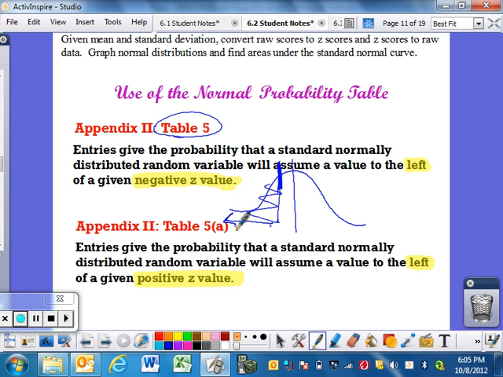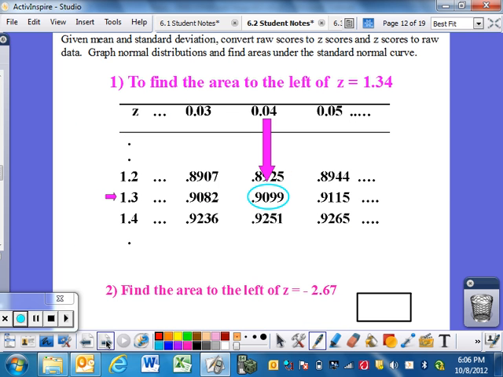If you have a positive z-value, that means you're going to be somewhere to the right of the mean. Maybe your z-value's here. It's going to be all of this data to the left is what that number is going to insinuate. All the numbers above the mean will have more than 50% or 0.5. All the numbers to the left of the mean or negative should be smaller than 0.5 because this is symmetrical. Your mean is exactly 50%.